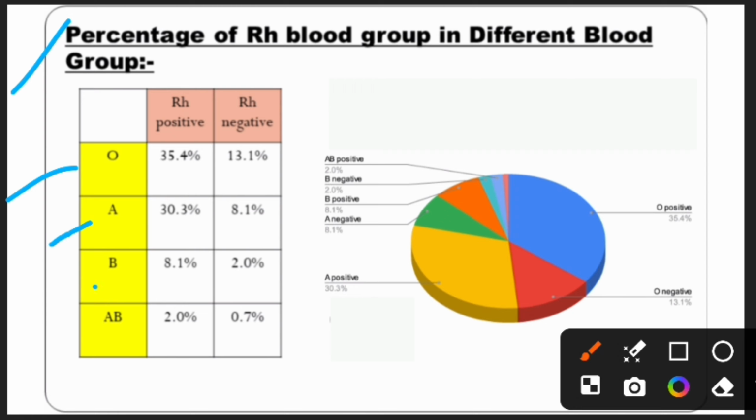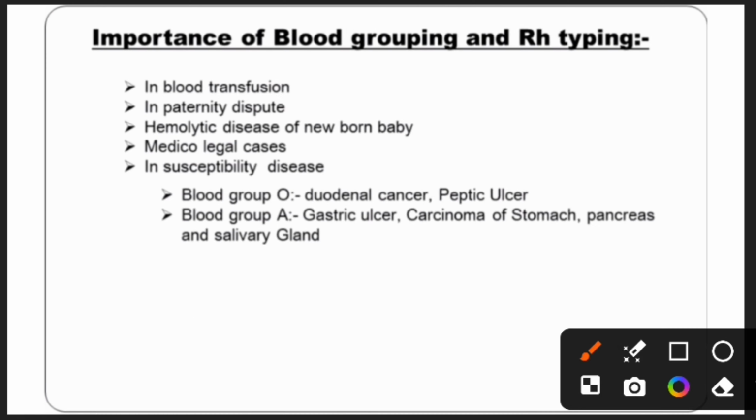In the B blood group, there is 8.1% positive and 2% negative. And in the AB blood group, there is 2% positive and 0.7% negative. So worldwide, O blood group is present in most people, and AB blood group is present in the fewest people.